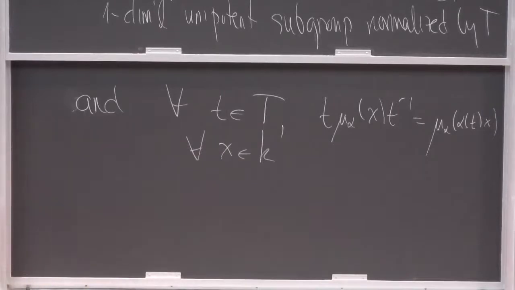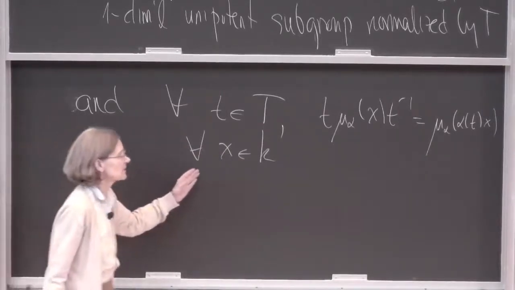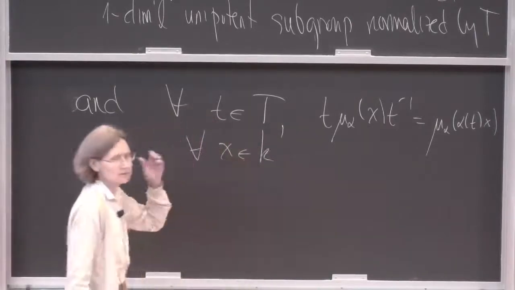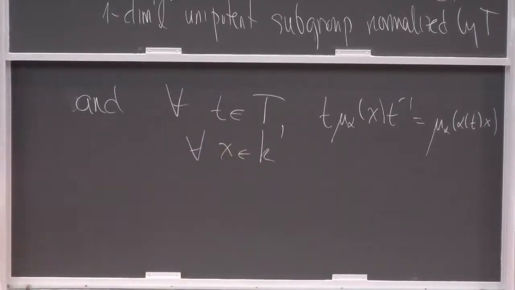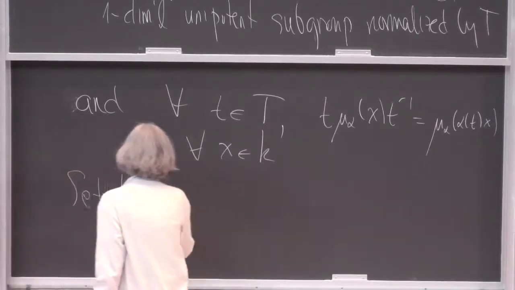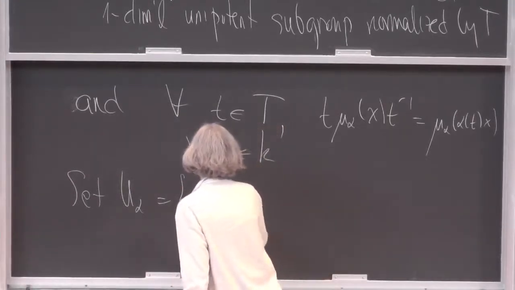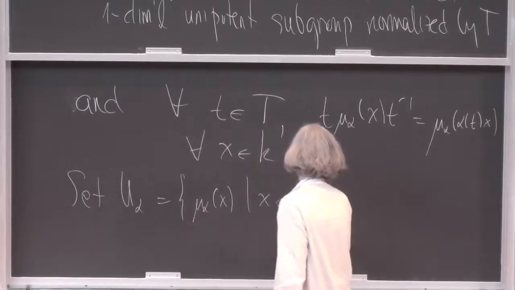That's not the only way to do it. If you've already learned this, then you would be expecting me to talk about the Lie algebra, but this is another way of finding the roots. Okay. Set U alpha to be precisely this one-dimensional group mu alpha of x, x in the field.